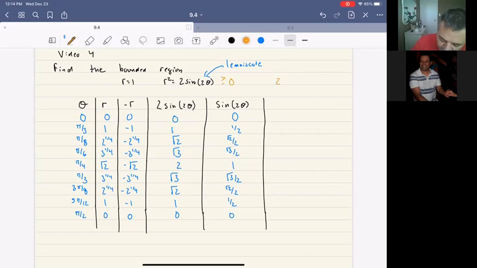Okay, so 2 theta has to be between 0 and pi. Theta then has to be between 0 and pi over 2. Okay, now we're going to graph this thing.